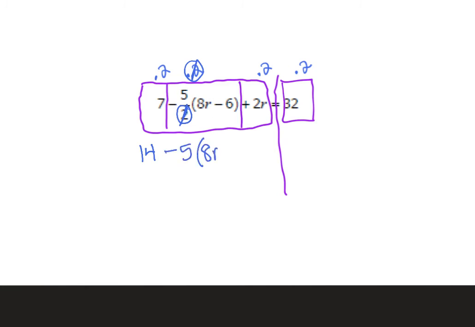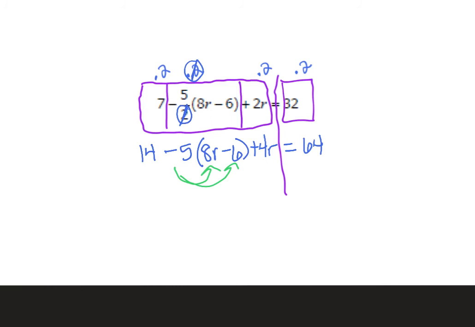Bring down your parentheses. 2 times positive 2r would be positive 4r. And that's going to equal 2 times 32, which is 64. Now, we've got to distribute. This is when we distributed on the last lesson.